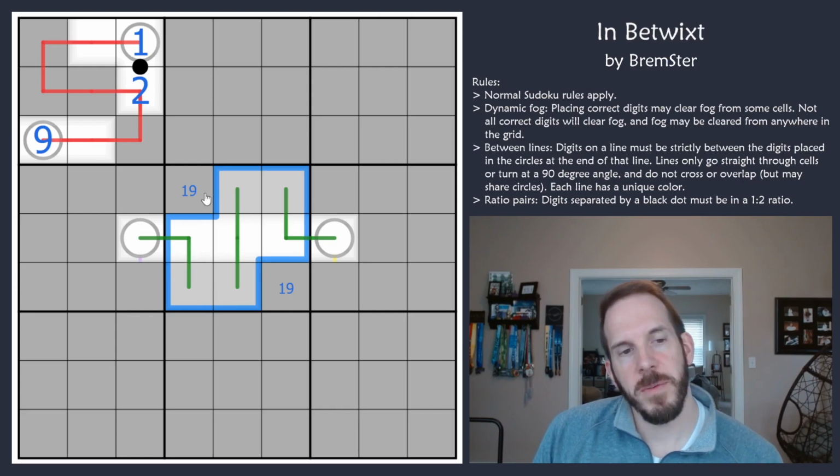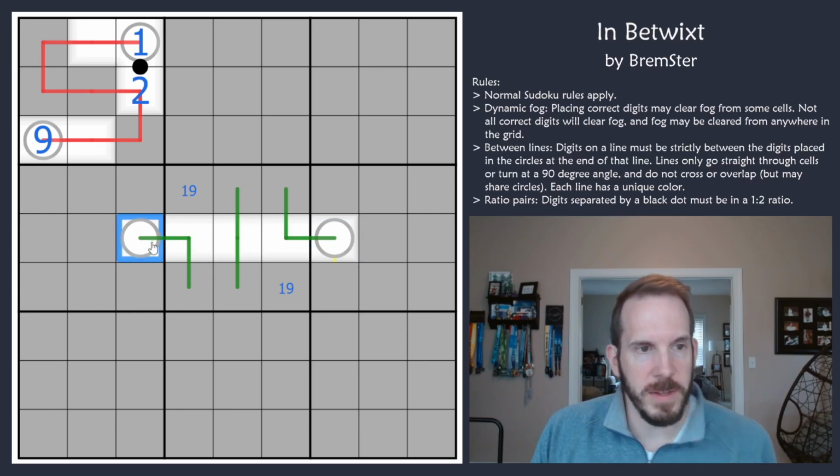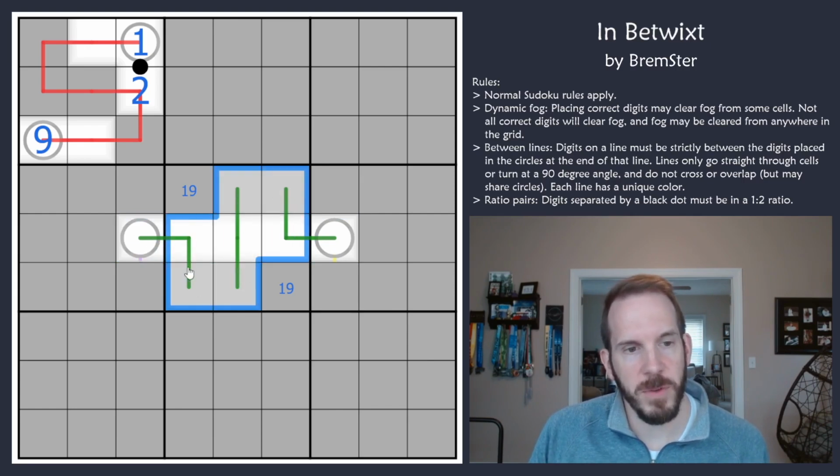And so we're using the digits 2 through 8 on this line. And these two circles have to be outside of those, so we know that this is also going to be a 1-9 pair, because for example, if I were to put an 8 in one of these circles, then these would all have to be from 2, 3, 4, 5, 6, 7, but we've got 6 digits to place in 7 cells, so we're going to have to repeat a digit if I do that.